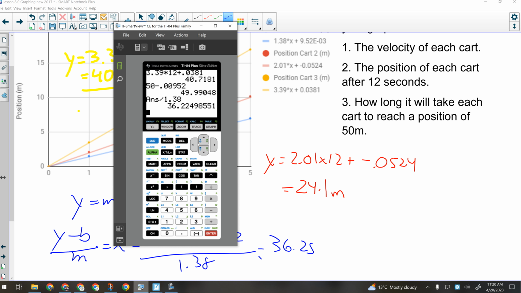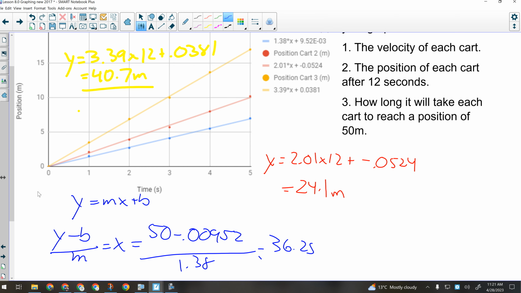Notice when I did this, I did the subtraction operation and hit equals, and then divided by the slope. If you put it all in one line, it does the division first, and then it subtracts whatever you divided from 50, and you do not get the same number. So just be mindful of that. You have to do the top, then do the bottom. Don't try and do them all in one operation on your calculator.